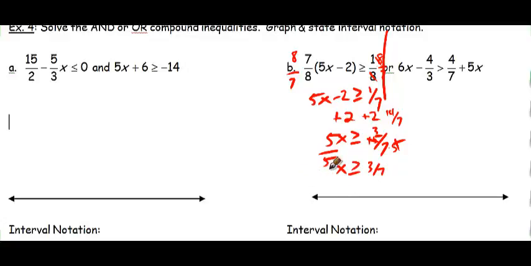All right, so the second one, we've got to get our x's on the left and our numbers on the right. So minus 5x over, and add 4/3. So we end up with 1x is greater than whatever 4/7 plus 4/3 is.